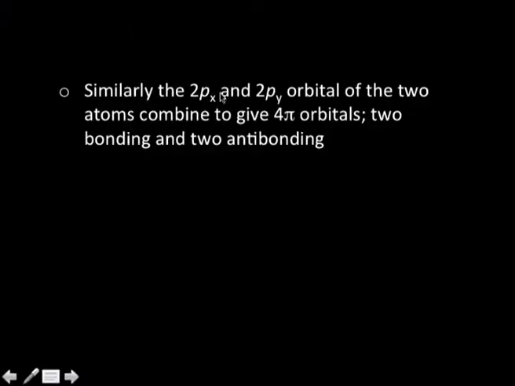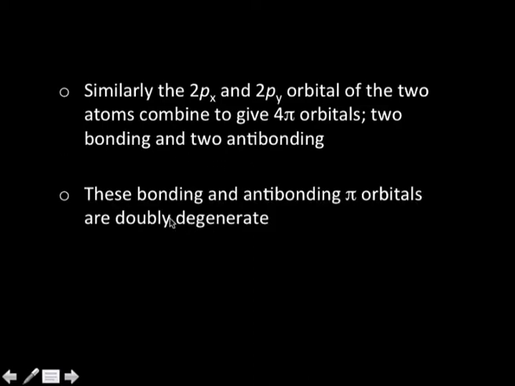Then thereafter, what more we expect is that the 2px and 2py orbitals of the two atoms will combine to give you 4 pi orbitals, because there are 4 atomic orbitals combining, 2 each from oxygen and nitrogen. So, you will be getting 4 molecular orbitals, and since they are going to overlap laterally, we are going to get pi molecular orbitals there, and these 4 will be in groups of 2 each. There will be 2 bonding and 2 anti-bonding, and the bonding and anti-bonding molecular orbitals are doubly degenerate.